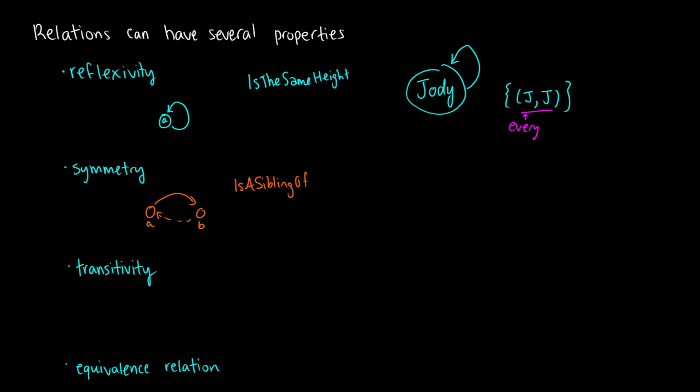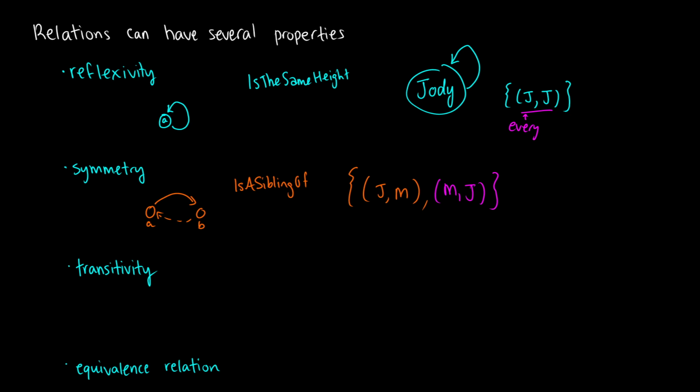So basically what we're saying here is let's say that we have the pair JM in a relationship. What this is going to force, if it's symmetrical, is that M and J are in a relationship with each other too, in that order. So in other words, if A is related to B, B is going to be related to A, and is a sibling of is a really good example of this.